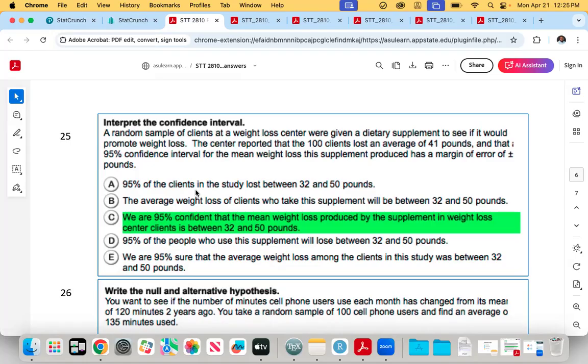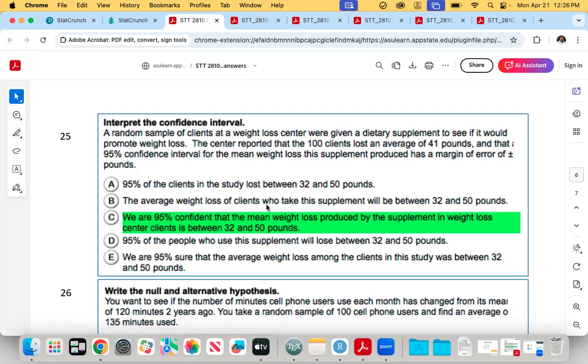So the problem says that a random sample of clients at a weight loss center were given a dietary supplement to see if it would promote weight loss. Then the center reported that 100 clients lost an average of 41 pounds. I think this didn't show properly. And they give the margin of error too.